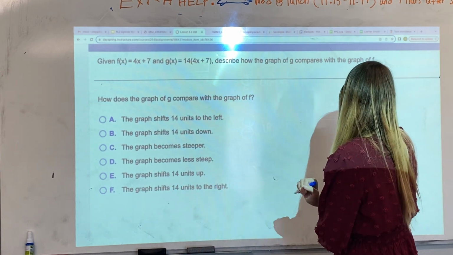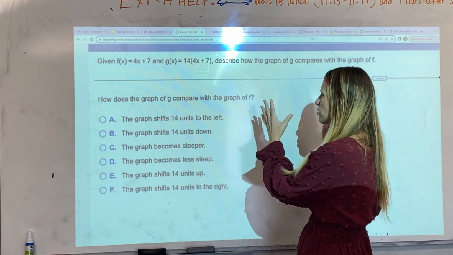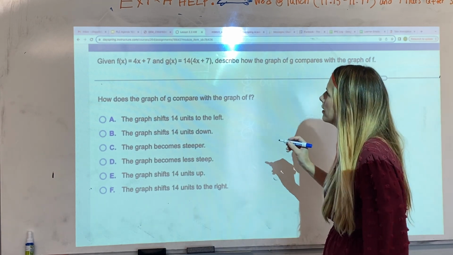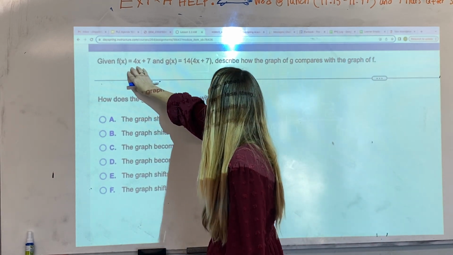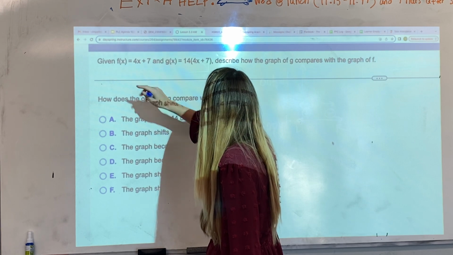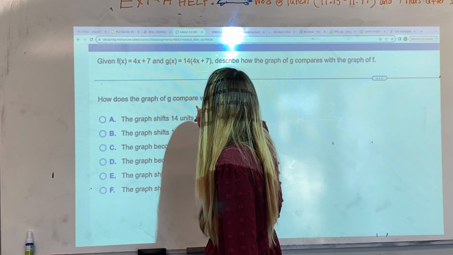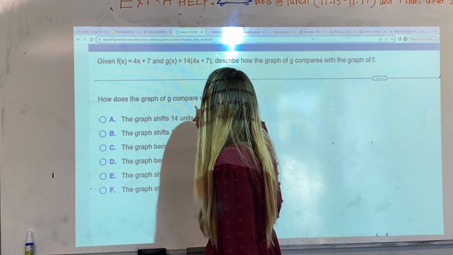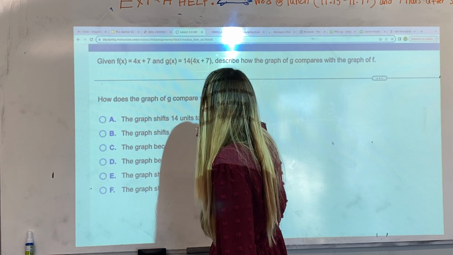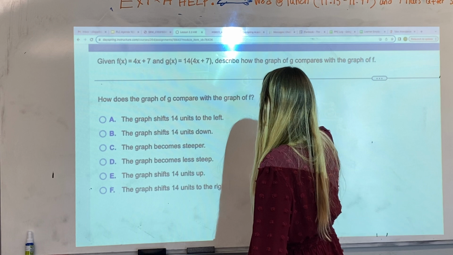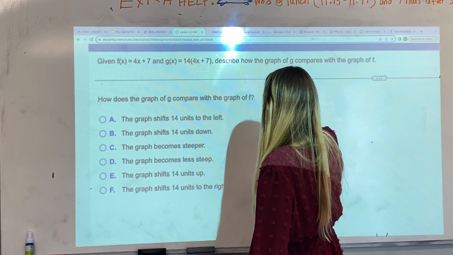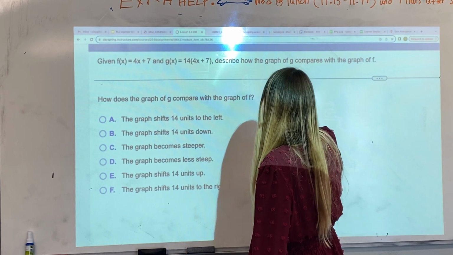I should probably change my Post-its to make it look more like a visual. Given this function, is this number 7? No, this is the one that I definitely don't want to do.